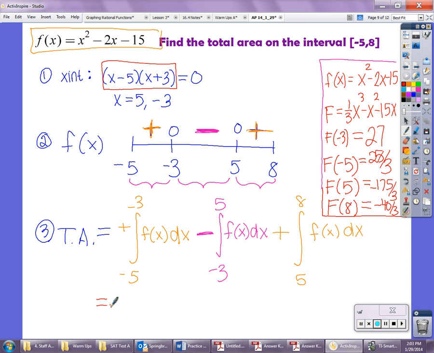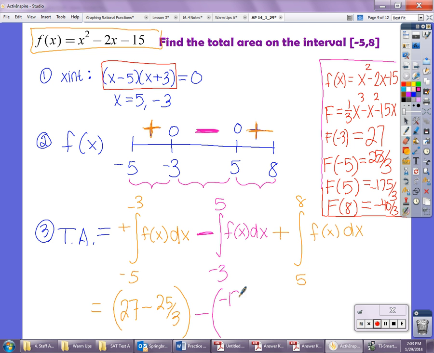Alright, so my total area. So to find the orange integral, I would do f of -3, which over to the right is 27. I'll put it in orange, and I'll put parentheses around it. So I would do f of -3, which is 27, subtract f of -5, which is 25/3. And then in pink, I would subtract f of 5, which is the b value, the top.